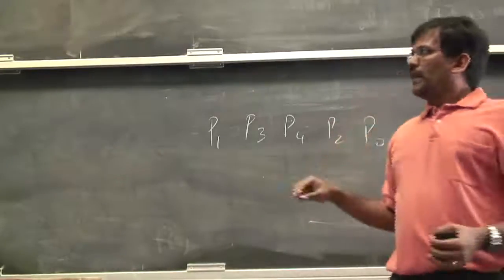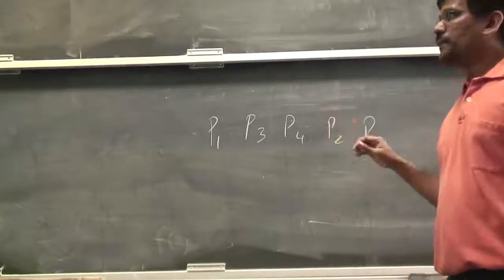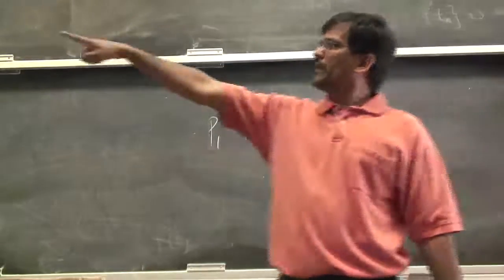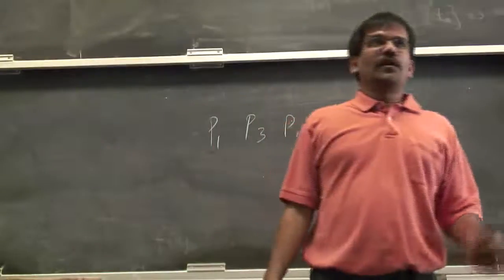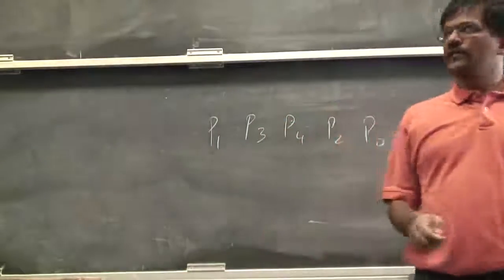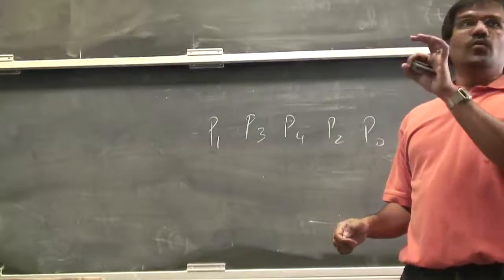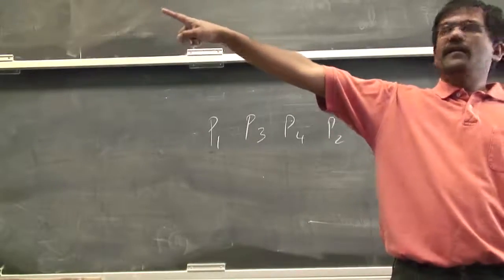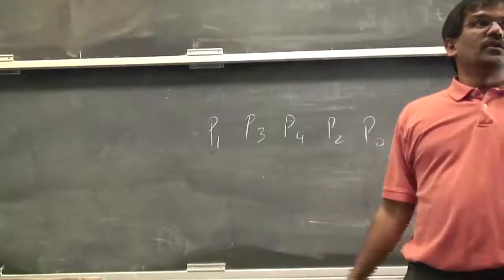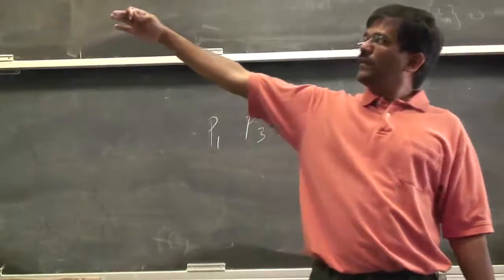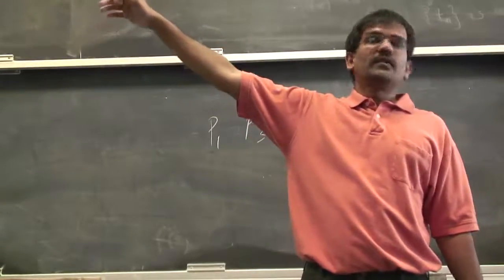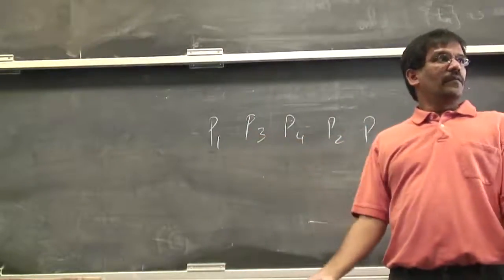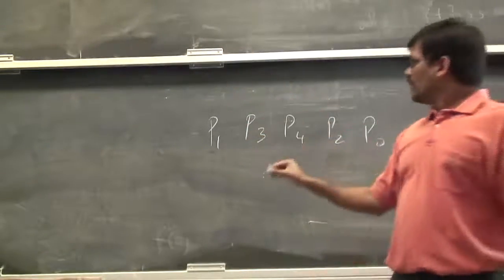So essentially, at this point, if first P1 finishes, P1 will finish only after it gets its maximum allocation. Right now it has 2, 0, 0, but it really wanted 3, 2, 2. So you would allocate the available resources to P1.